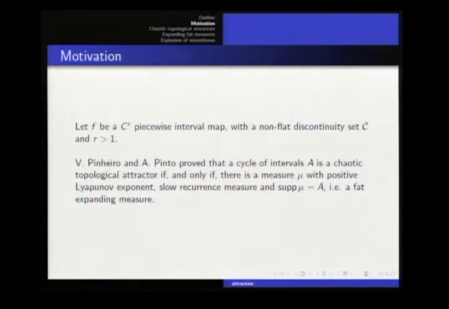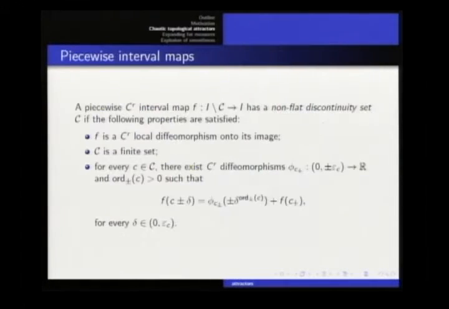And Edson could not have any periodic orbit, and with one, I will have a lot of periodic orbits. So that's what I'm going to talk about. By a piecewise C^r map with a non-flat discontinuity set, I mean the usual definition, so I don't need to go through it.